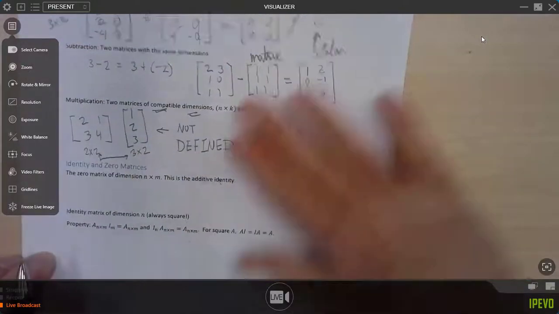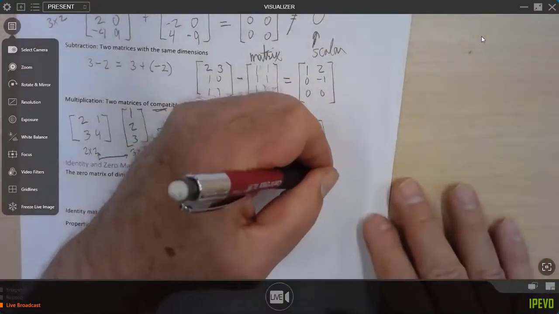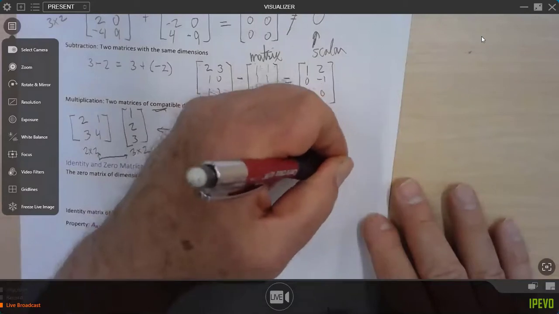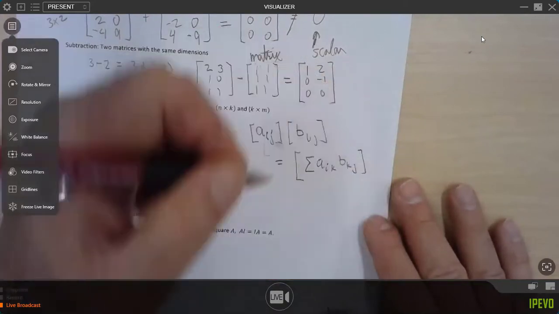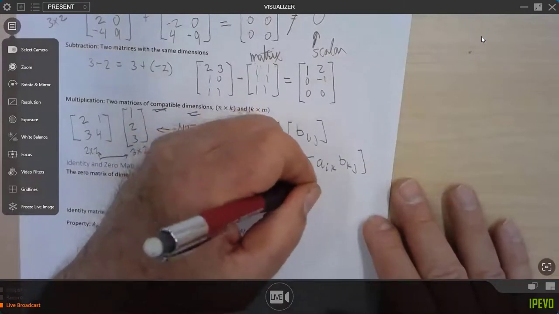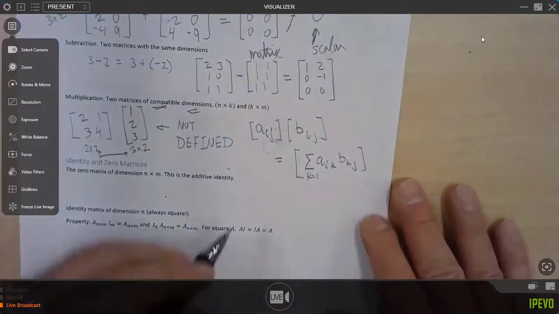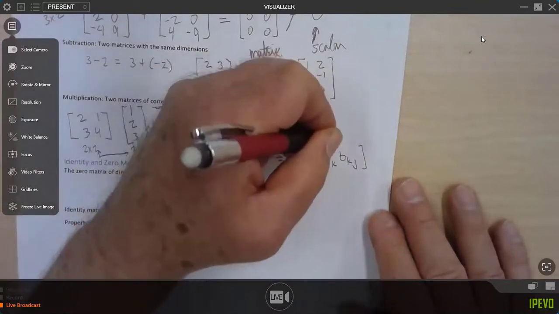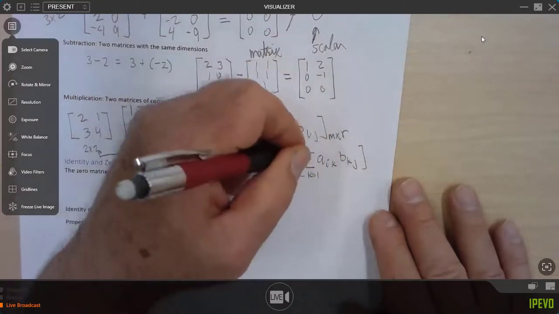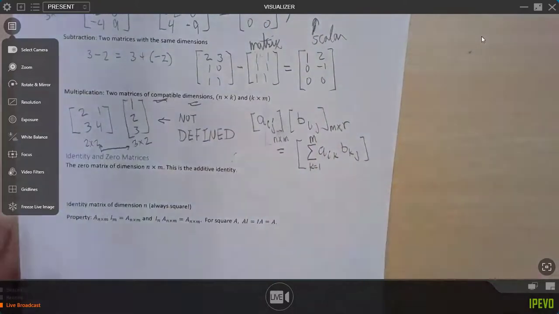You're going to take a dot product, right? It's Aik Bkj, where k goes from 1 to, well, they have to say what these dimensions are. N by M, M by R.